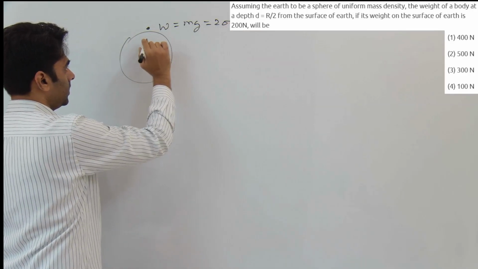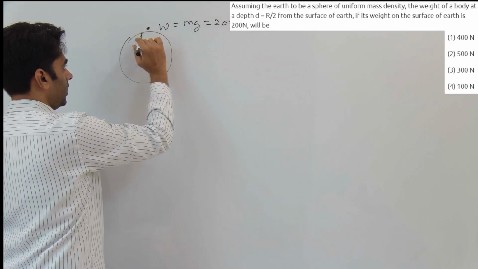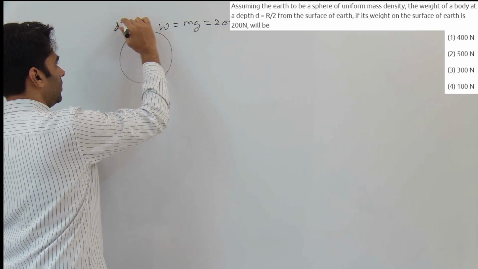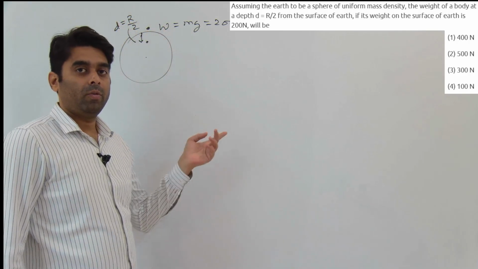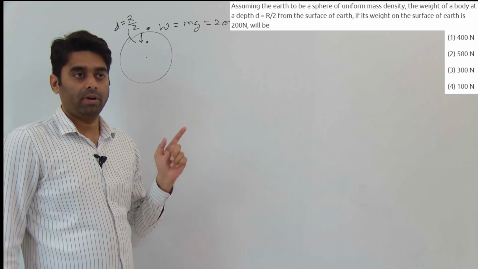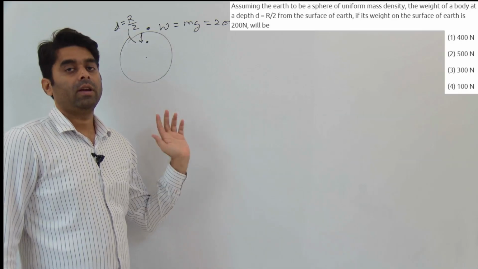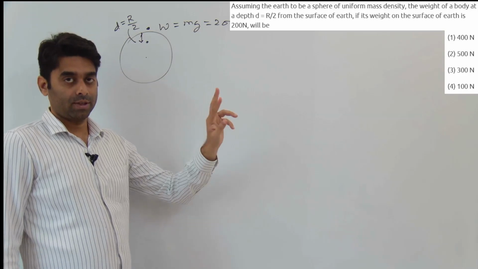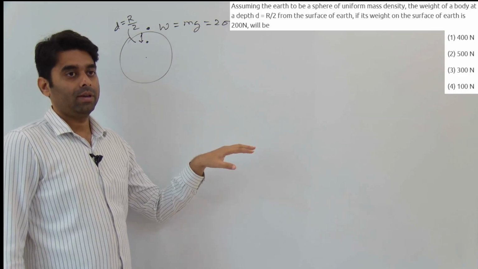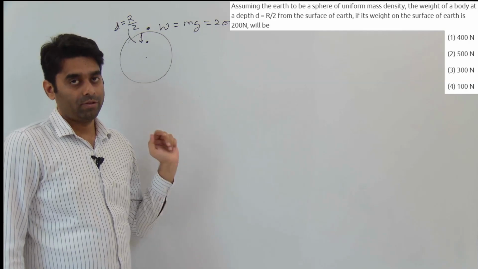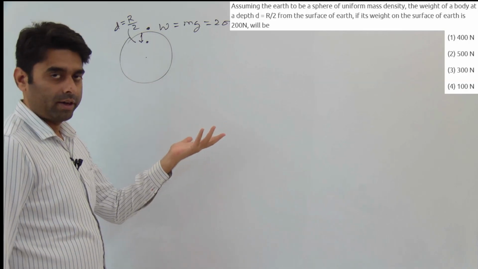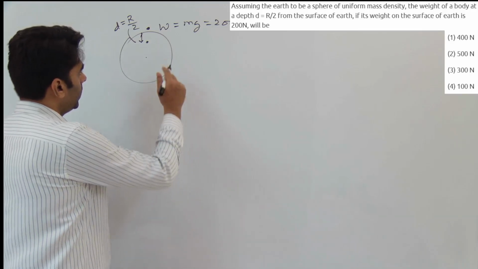They are asking us weight at a depth d, which is equal to r by 2. Right, this is kind of same question what we did, question number 6 that we did in this video. These are basically questions from two different shifts, same year, April attempt only, but two different shifts. So same question, kind of values are changed.